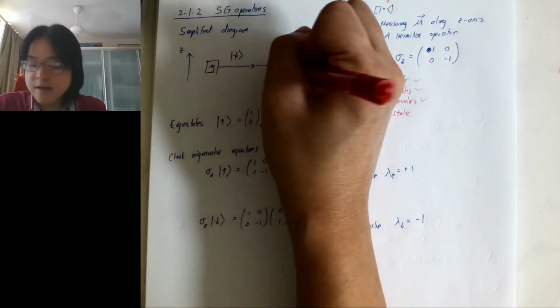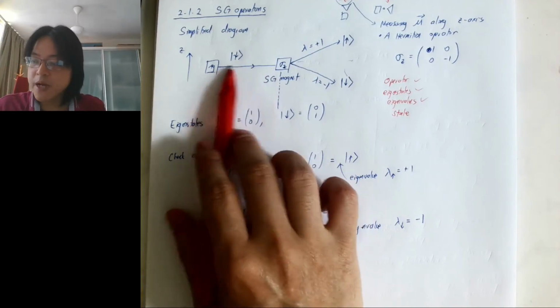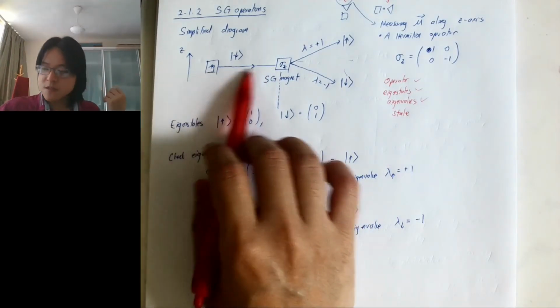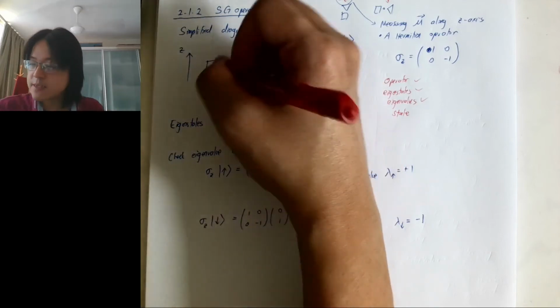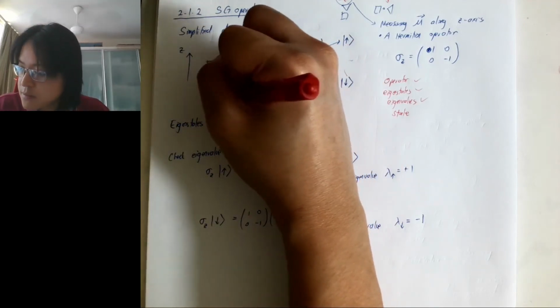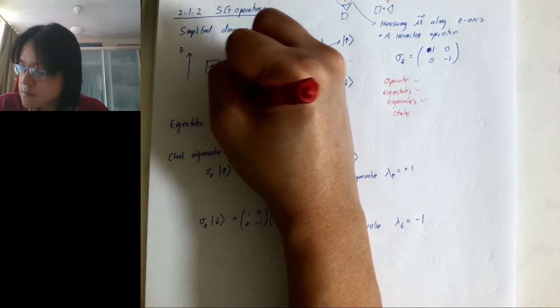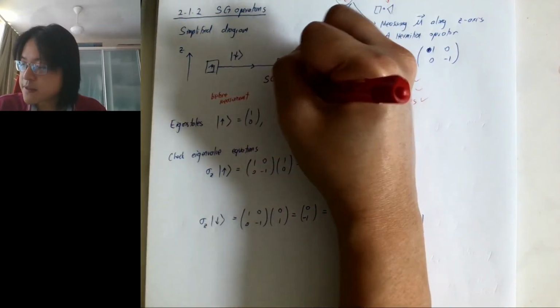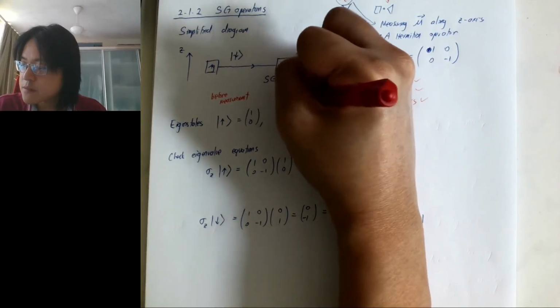When the atom is here, if you don't disturb the beam, you don't know what the actual constituents of the beam are. This is before measurement. And then this is after measurement.